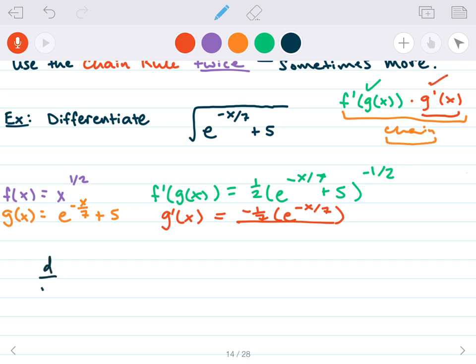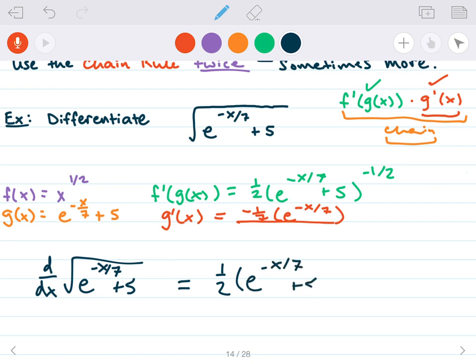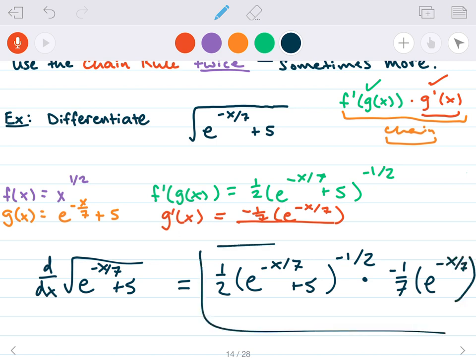So d dx of my original thing is going to equal 1/2 e to the negative x over 7 plus 5 to the negative 1/2 multiplied by negative 1 over 7 times e to the negative x over 7. So that is my final answer.